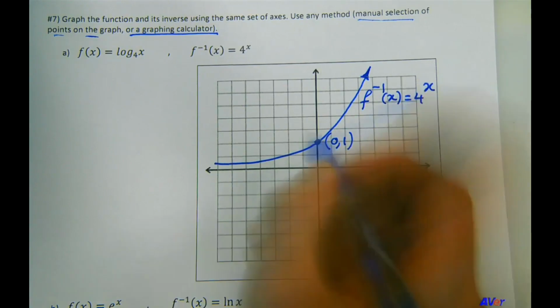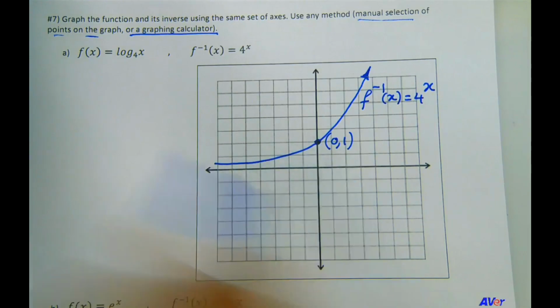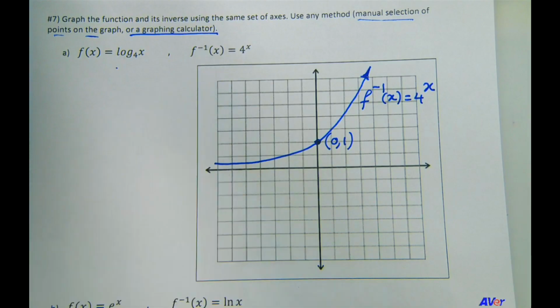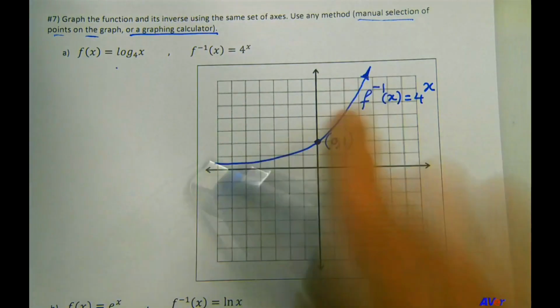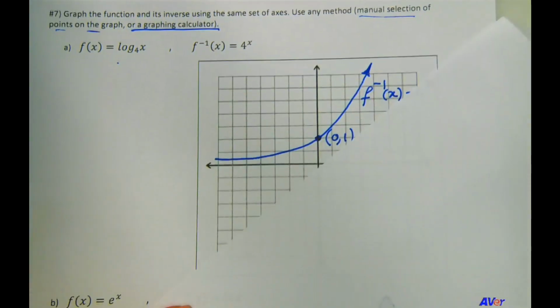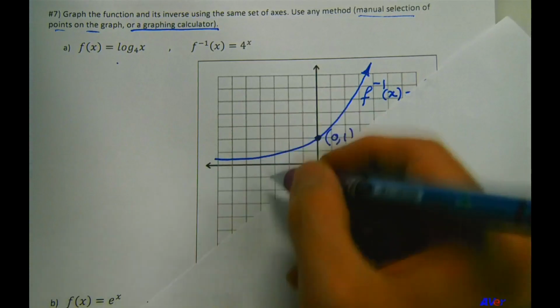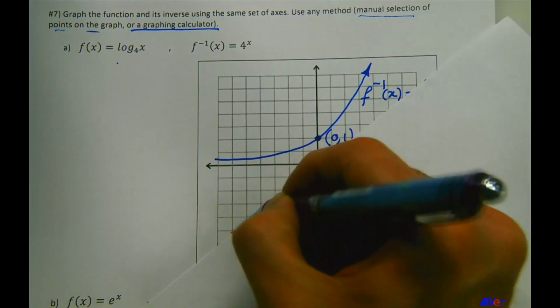And I graph this because it's easier. Now that one is the inverse of that. So do you remember what we do with the inverse functions? They are the image of this function across the y equals x line. Remember that when we looked at the functions and their graphs?